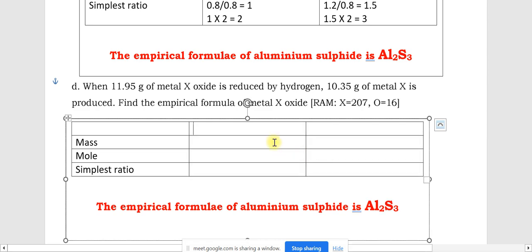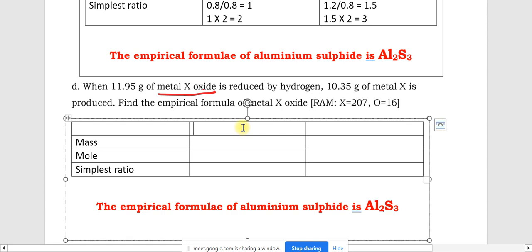No, actually. Okay. When 11.95 gram of metal X oxide. Look, metal X oxide means it's talking about both together, the metal and oxygen. Reduced by hydrogen. When 11.95 gram of metal X oxide, so metal X oxide means X, the metal, and oxygen.